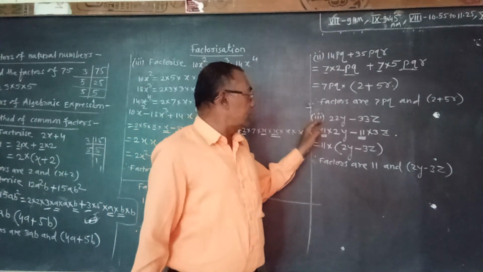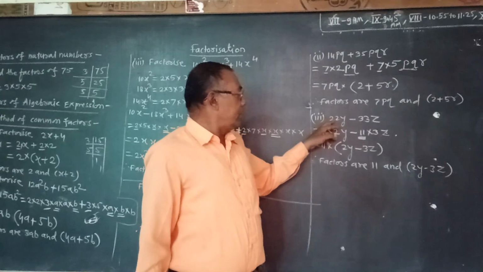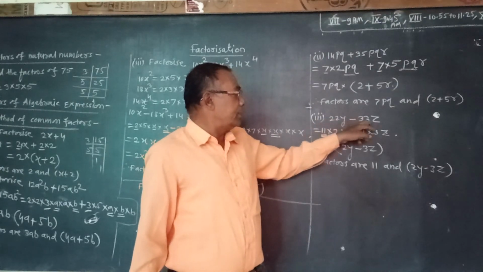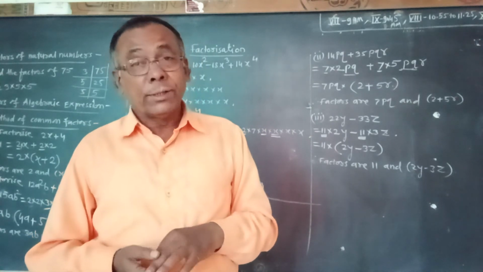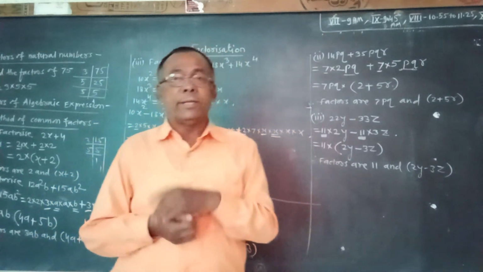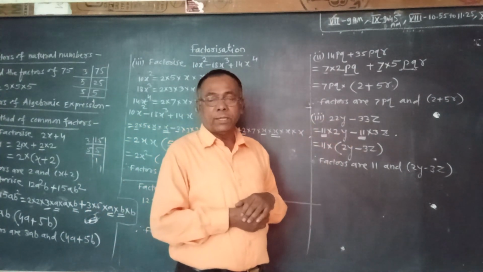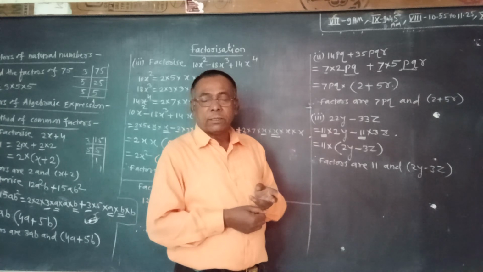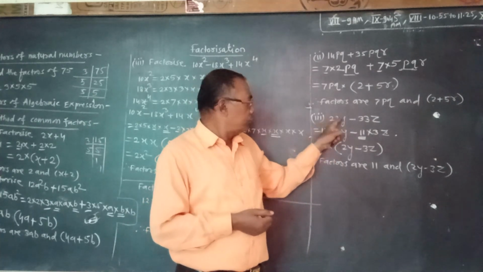Now in the third example, that is 22y minus 33z, this expression also we have to factorize. Again we have to find a number which can divide 22 as well as 33. Here we know that 11 can divide 22, so 11 2s are 22, so write y.